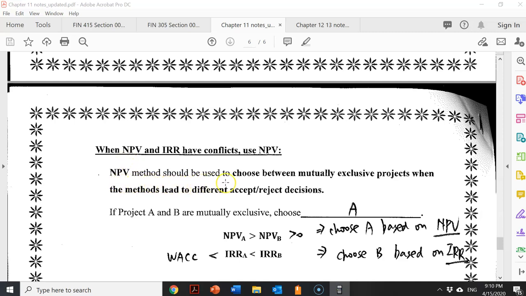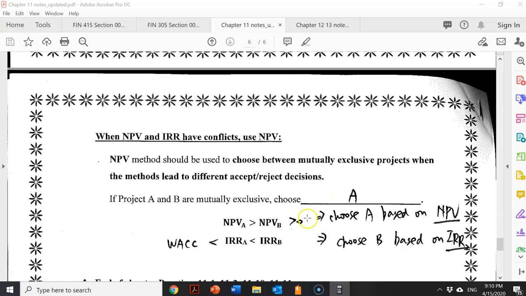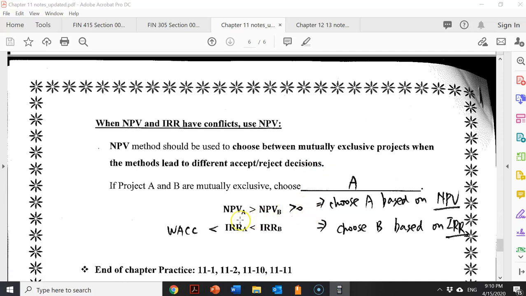The NPV method should be used to choose between mutually exclusive projects when the methods lead to different accept or reject decisions. For example, here, if we know that NPV A is larger than NPV B is larger than 0, we would choose A based on NPV, right? Because A has higher NPV here.